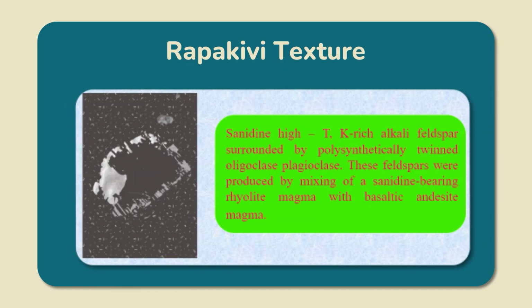This is a sanidine, a high temperature alkali-rich feldspar, black colored, surrounded by polysynthetically twinned oligoclase, a plagioclase. These feldspars were produced by mixing of a sanidine-bearing rhyolite magma with basaltic andesitic magma.